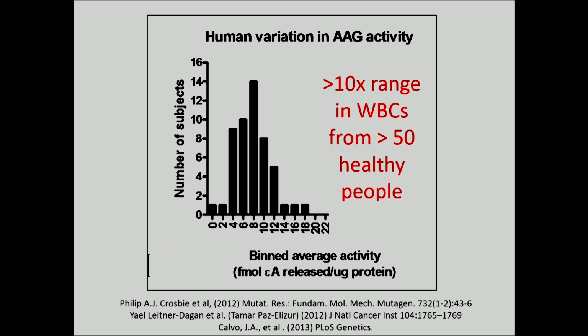In other words, the natural variation in the activity of this repair pathway, at least the initiation of base excision repair by this enzyme, has a 10-fold range. Therefore, it's possible that depending how much of this you express will determine how badly or how well you might respond to an inflammatory response.